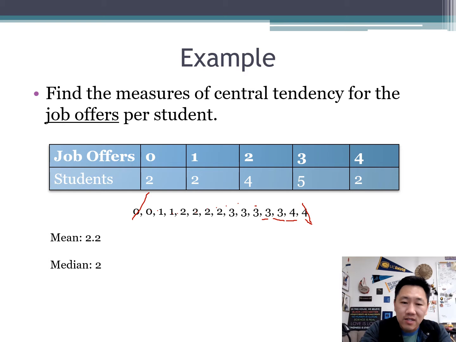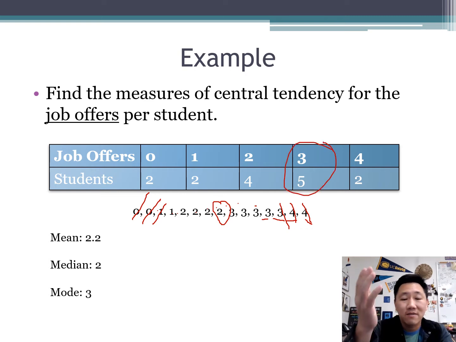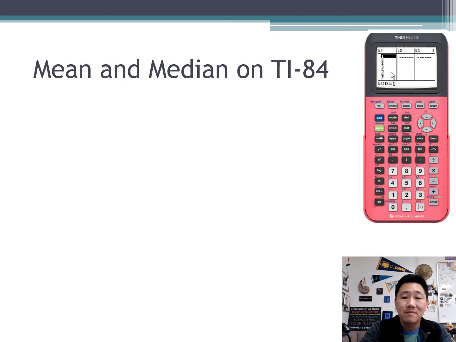So start canceling them out, start canceling them out, start canceling them out, and then you should get the middle to be, I think it's like right here. And then the mode, the number you see the most. And in this case, we see 3 the most. We see it 5 times. So kind of easy. You've done it before.